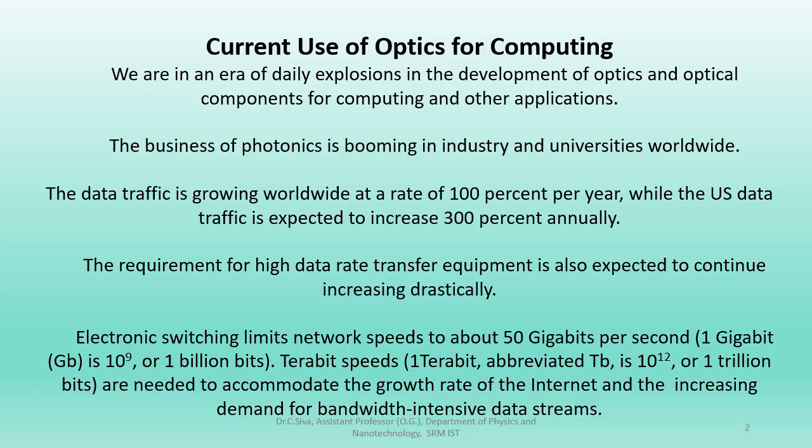Let's see electronic switching, which limits network speeds to about 50 gigabits per second. Terabit speeds are needed to accommodate the growth rate of the internet and the increasing demand for bandwidth and intensive data streams.